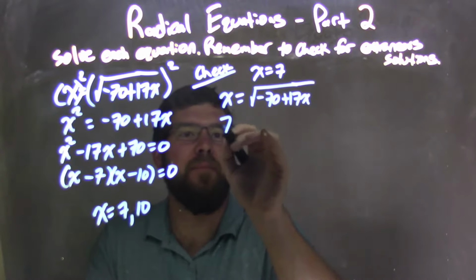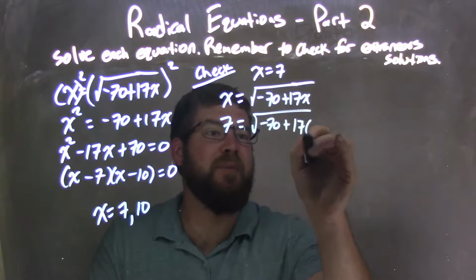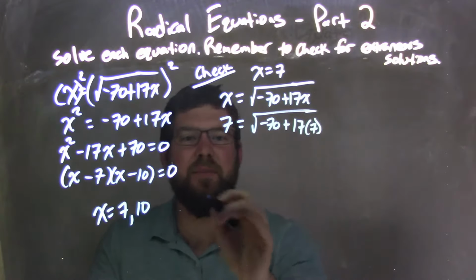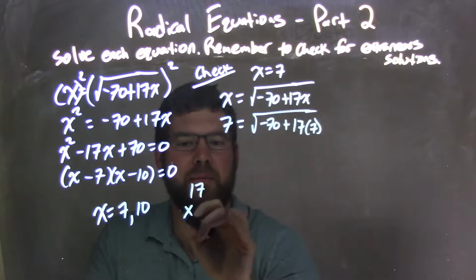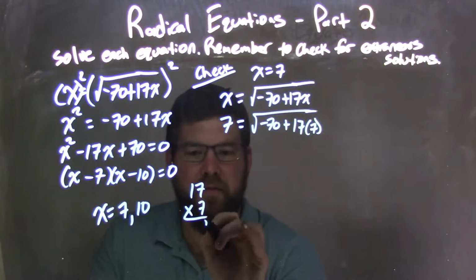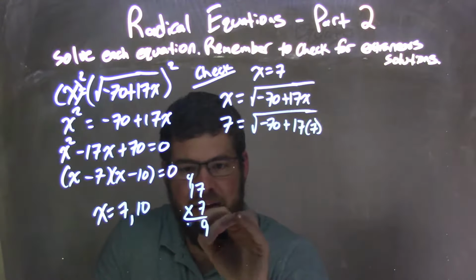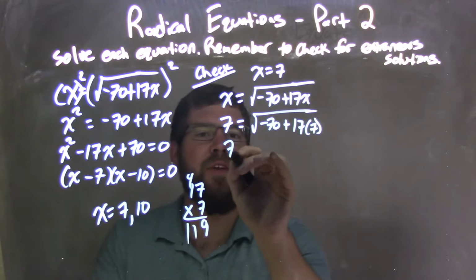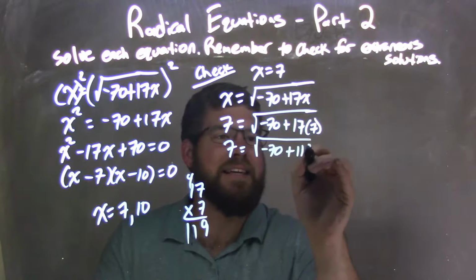So we plug 7 in: negative 70 plus 17 times 7. Well, what's 17 times 7? 7 times 7 is 49, 7 times 1 is 7 plus 4 is 11. So we have 119. So we have 7 equals the square root of negative 70 plus 119.